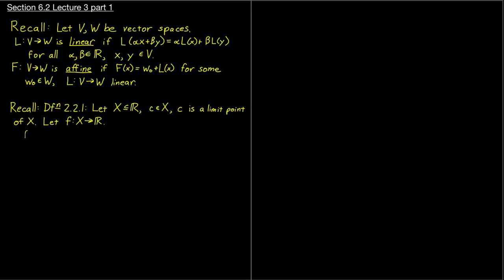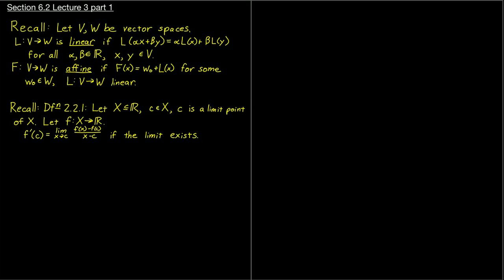And then f prime of c, as you remember, is the limit as x goes to c of f of x minus f of c over x minus c, if the limit exists. So that's the definition of derivative that we all know and love.